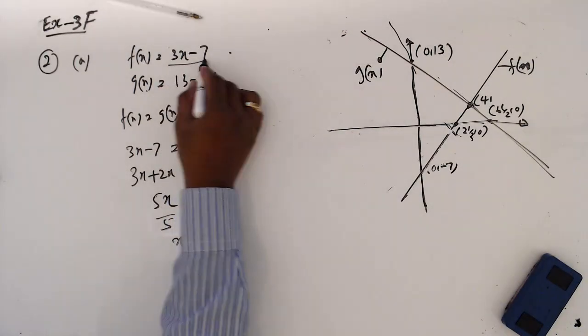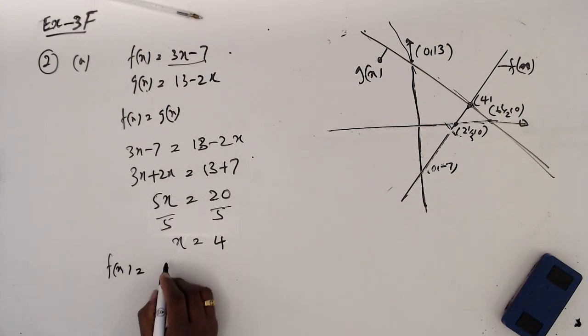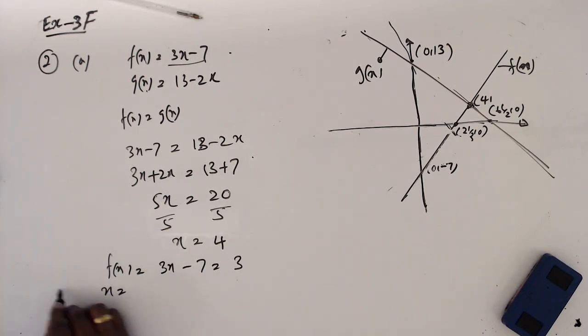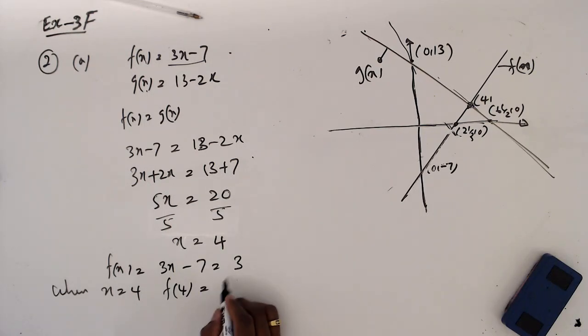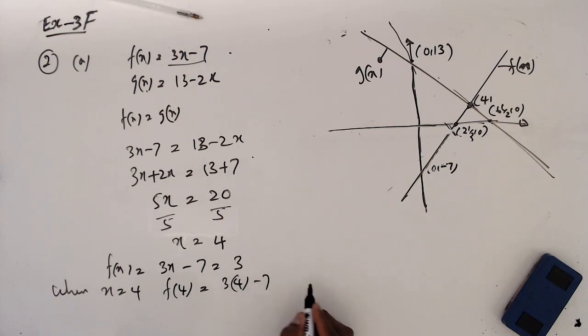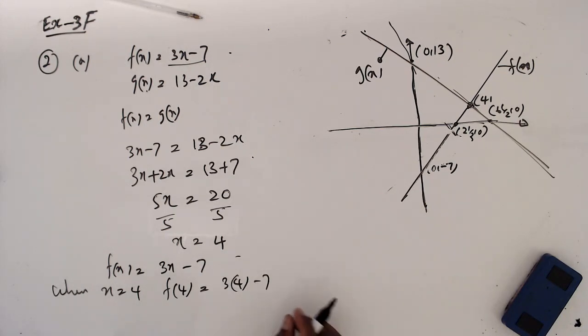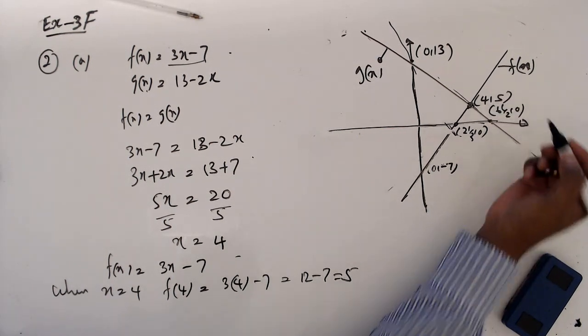So I'll go for this one. f(x) equals 3x minus 7, when x equals 4, f(4) equals 3 times 4 minus 7, 12 minus 7, 5. So the y value is 5.